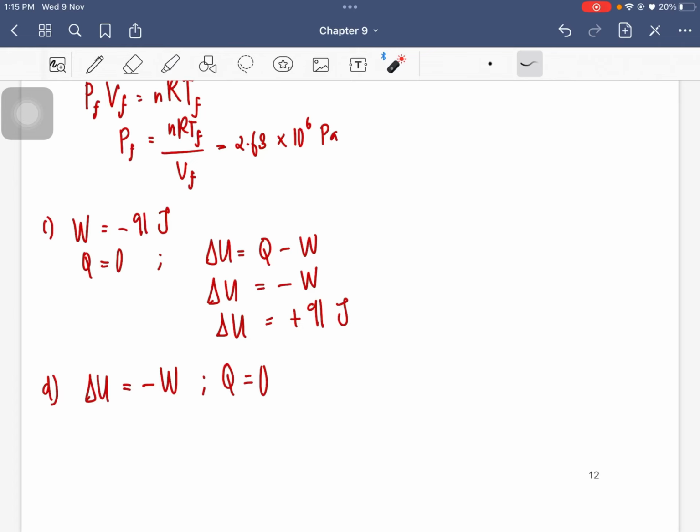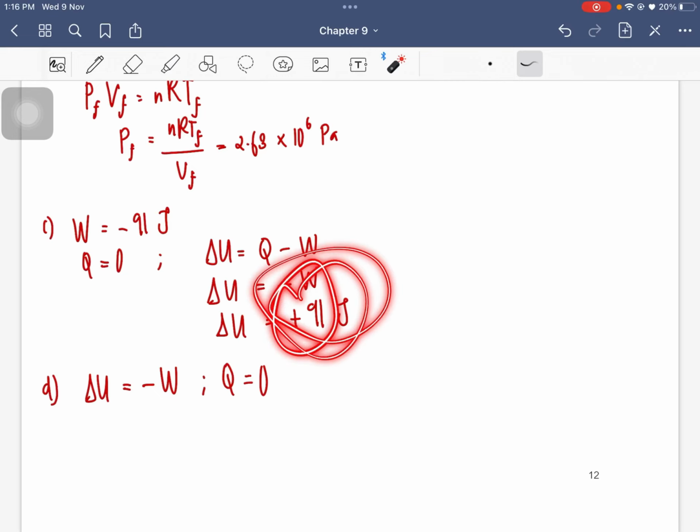Let me just think. Okay, so the internal energy of the gas is increased. It increases so that it has enough energy to provide the system enough energy to do work. Then the internal energy is proportional to the absolute temperature.